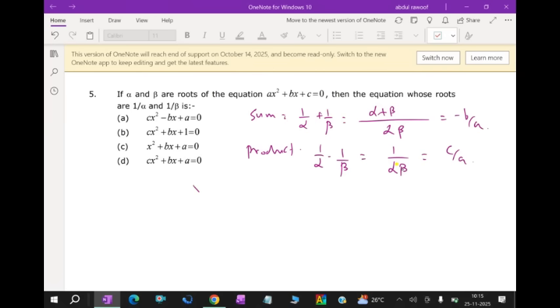Therefore, equation is x square minus sum of the root, which is alpha plus beta over alpha beta, then product of the root 1 over alpha beta equal 0.